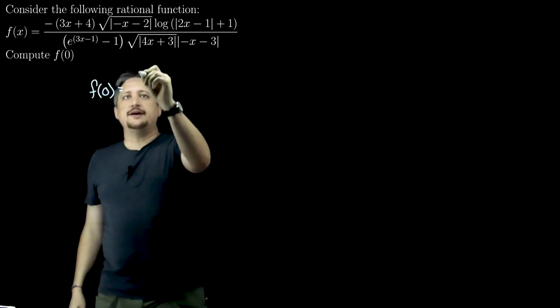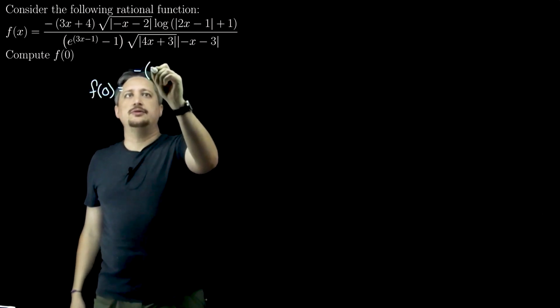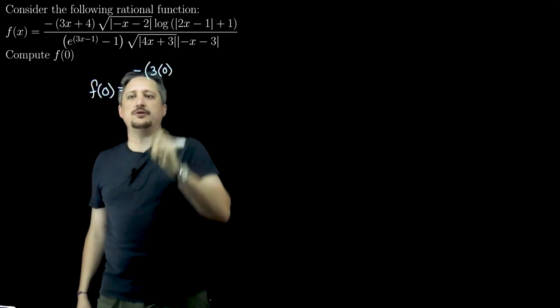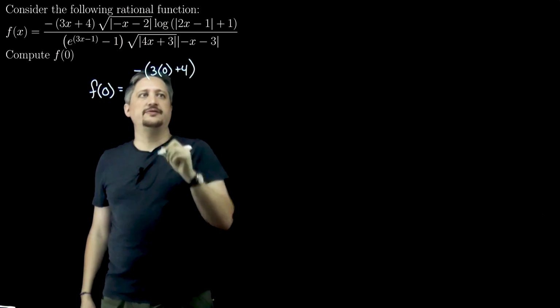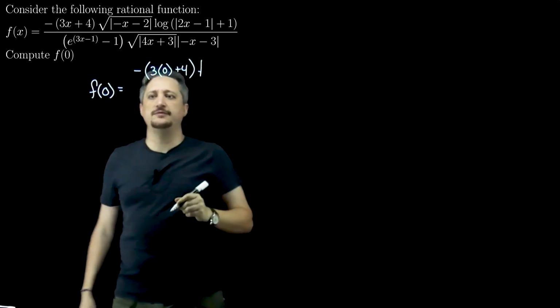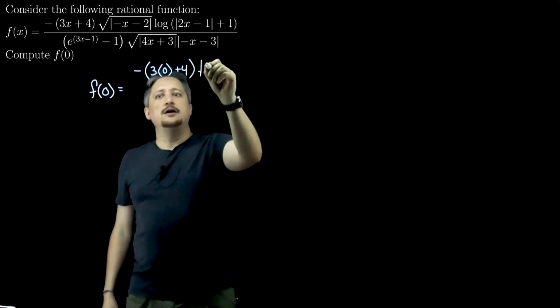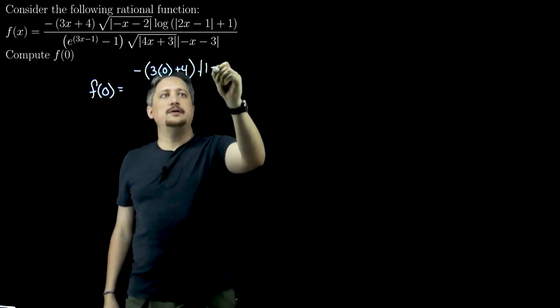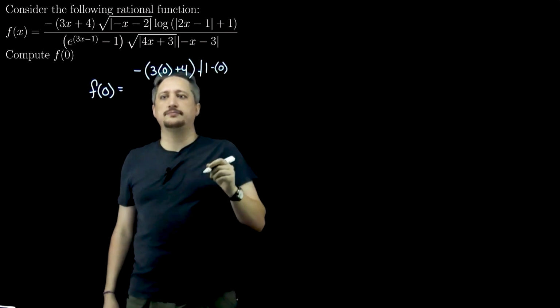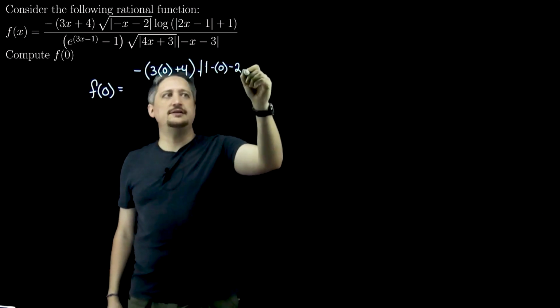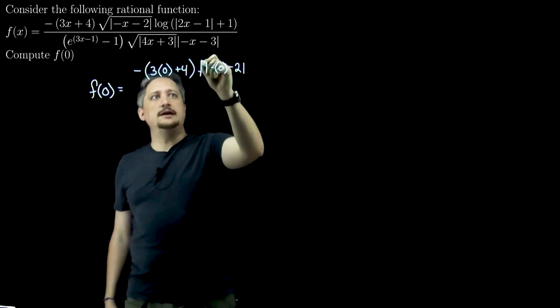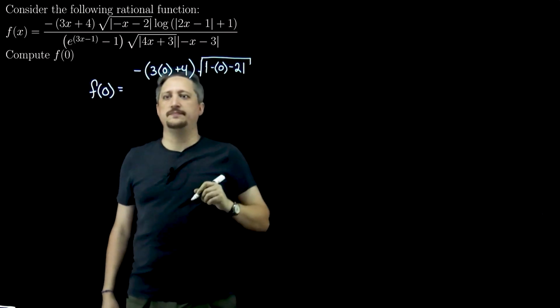In the top we have negative 3 times (0 plus 4), close parenthesis. Then we have square root of, next up, absolute value, negative 0 minus 2, that is in the absolute value, and then that closes off the square root.